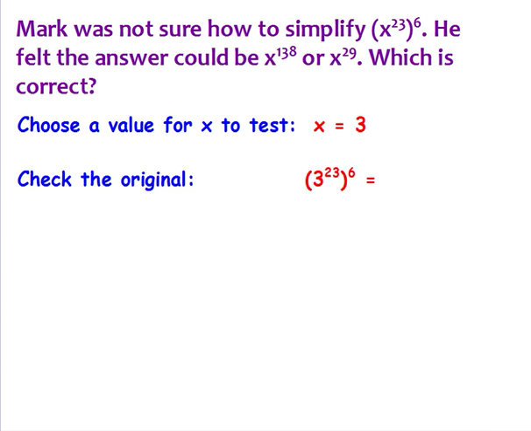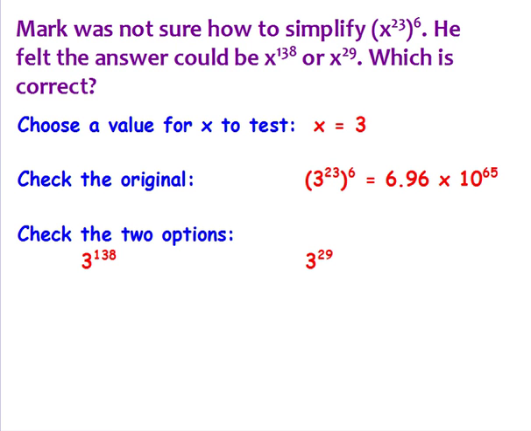So I check my original problem, 3 to the 23rd to the 6th power. That got me 6.96 times 10 to the 65th power. Very big number. And now I'm going to check 3 in my two options here. So I have 3 to the 138th power and 3 to the 29th power.